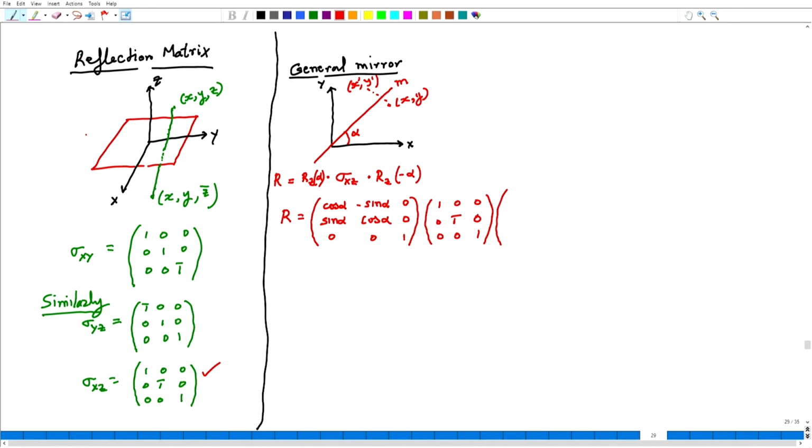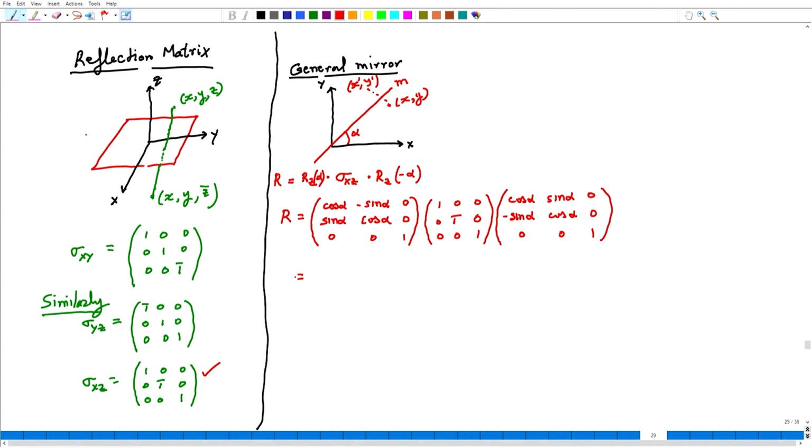And finally, the first operation that we do is Rz minus alpha. For that, go back to the rotation matrix and insert minus alpha there; some signs will change, but the cos alpha signs will not. So we get cos alpha, sin alpha, 0, minus sin alpha, cos alpha, 0, 0, 0, 1.